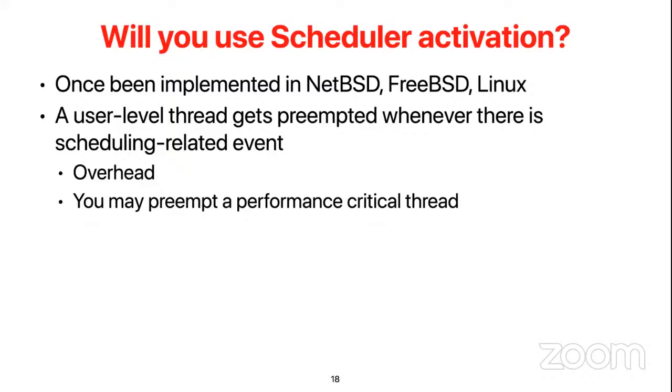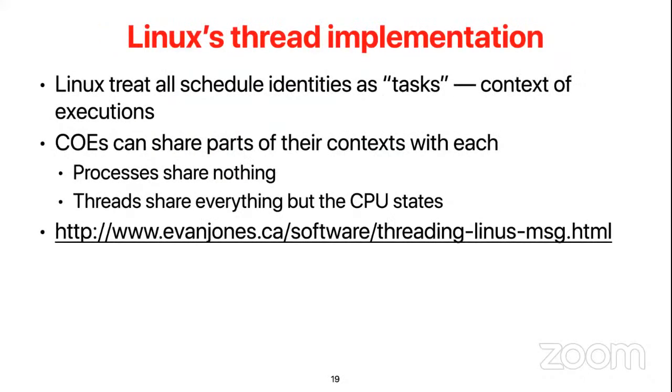Then the whole scheduling would be messed up. That's one of the issues with scheduler activation. However, it does resolve the dilemma between user level thread and kernel level thread, as we mentioned. That's why it has been implemented in BSD and Linux, both popular, so it's still an important concept.